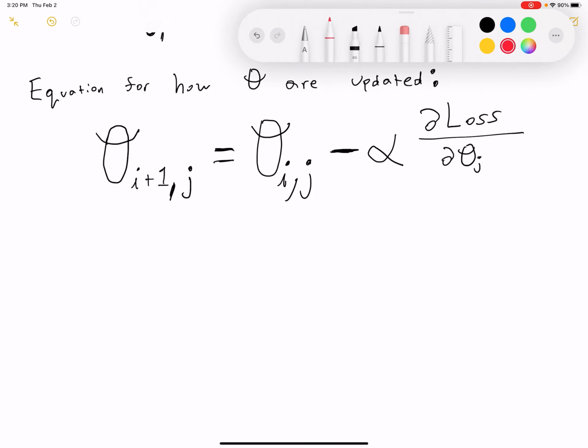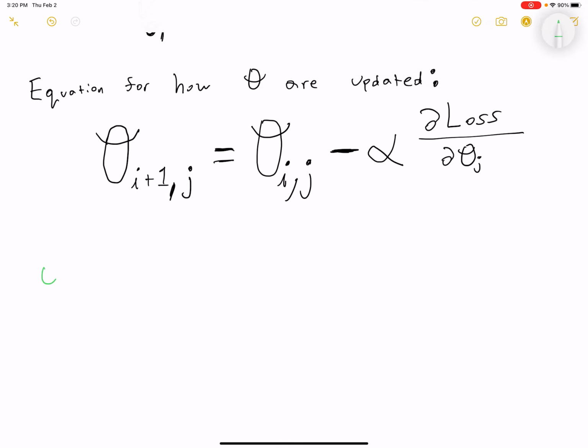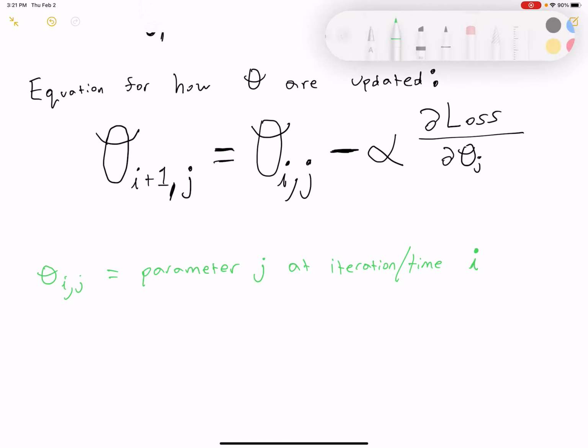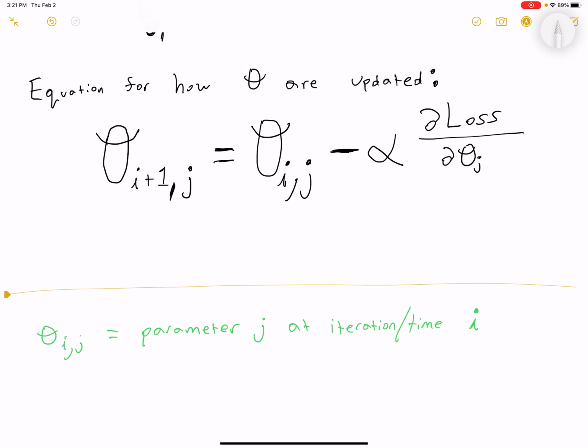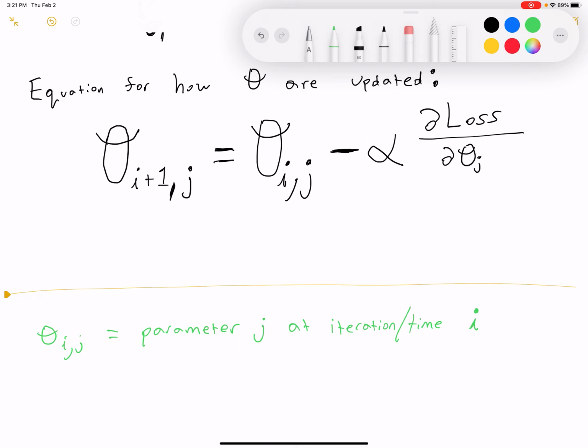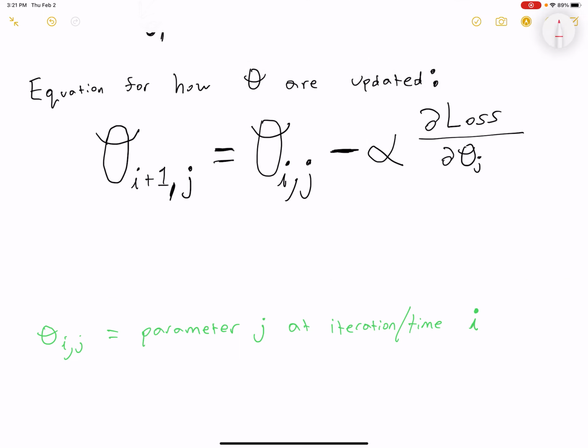Just to be thorough, theta of i sub j equals parameter j at iteration or time step, however you want to think about it, i. Let's label this a little bit so it's clear how the central equation relates to what we saw in the picture.